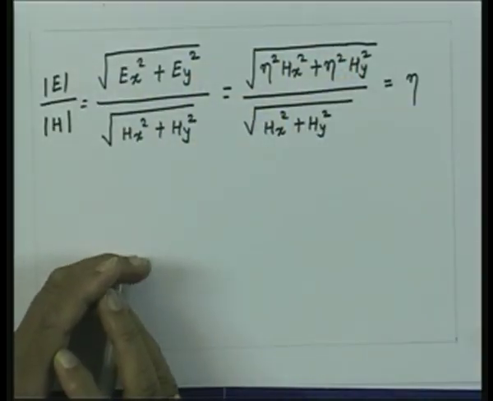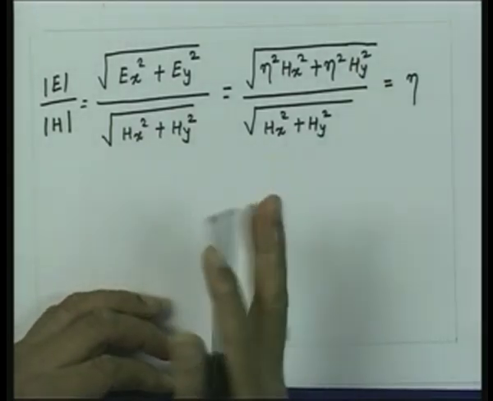That is the reason whenever we do the wave analysis, invariably we talk only about the electric fields, because we know that if the electric field is described, the magnetic field is automatically described, because magnetic field is completely dependent on the electric field.